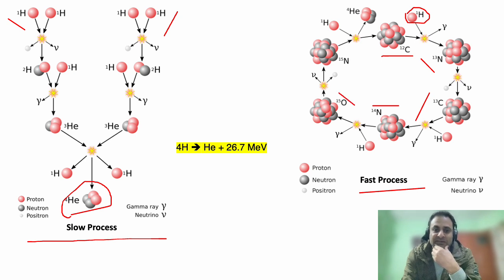The oxygen 15 first decays into nitrogen 15, and when the nitrogen 15 eats one more hydrogen, it can become helium, or maybe 4 heliums, because you have to conserve the mass number 16. So this process is fast. This CNO cycle is actually a very fast process.